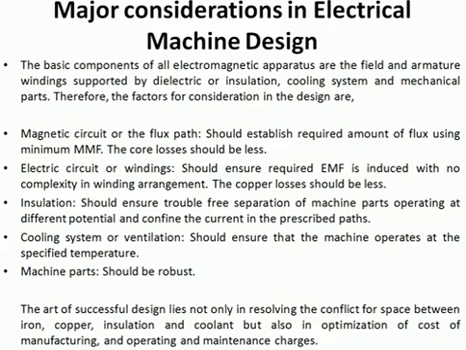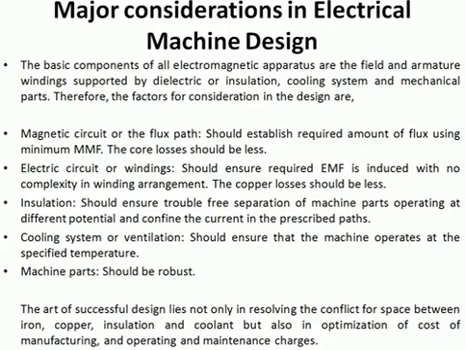Next, we are looking into the parameter insulation. You know that inside any machine there will be points of different potential. So in order to avoid any short circuit, definitely you have to provide proper insulation so as to separate these points of different potential.